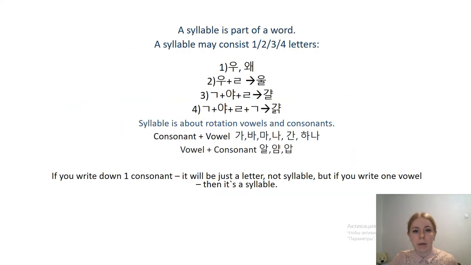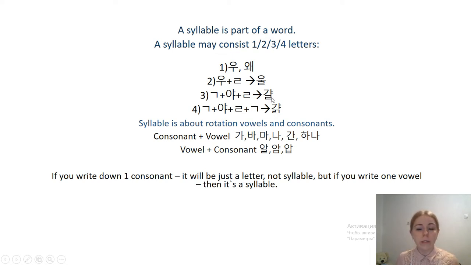It's like if you have a house, for example, you have some floors, like first floor, second floor, third floor, and so on. Imagine that kel is one syllable, and the syllable has two floors. Kya is the second floor, and l is the first floor.